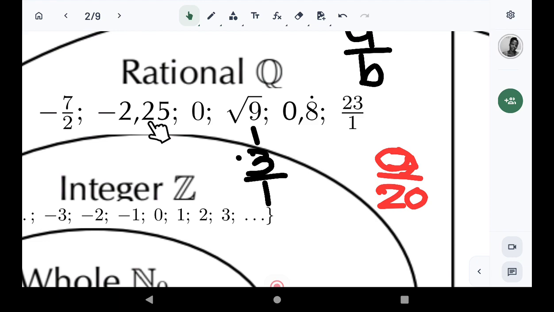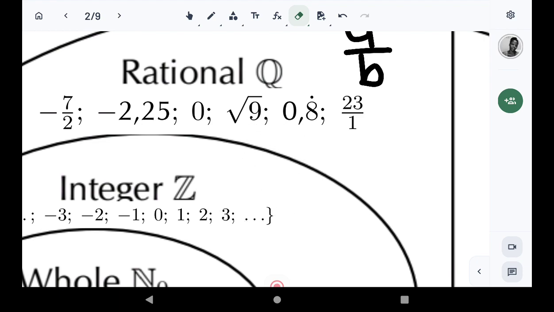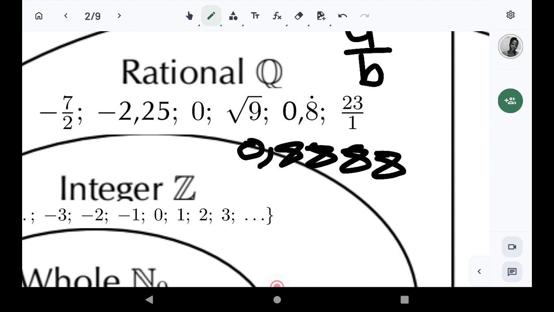This includes fractions that end and fractions that have a repeated pattern. For example, 0.8 with a dot at the top can be written as 0.8888. The 8 continues or repeats indefinitely.